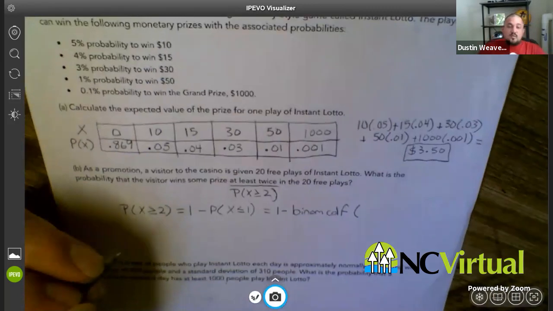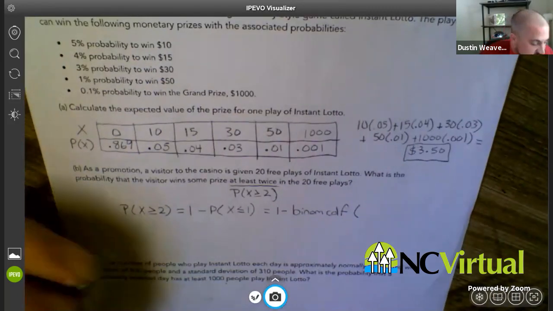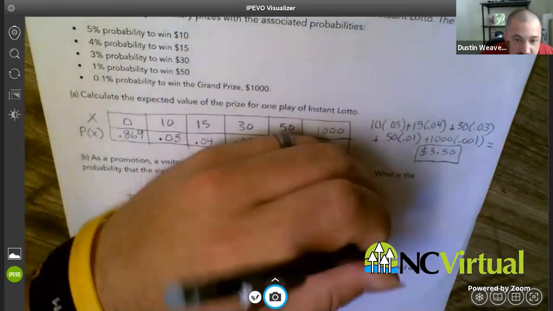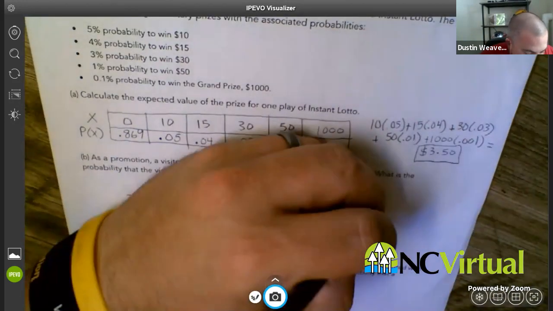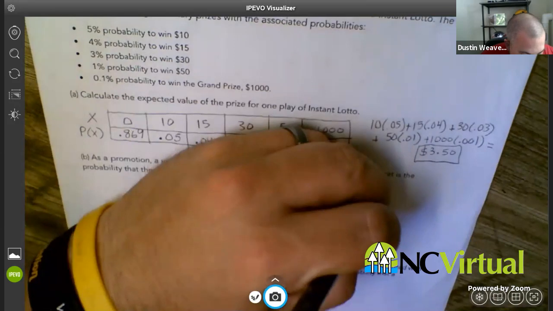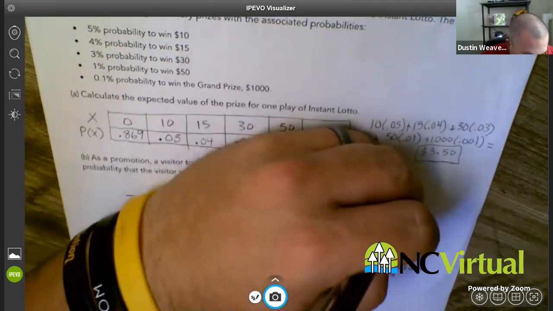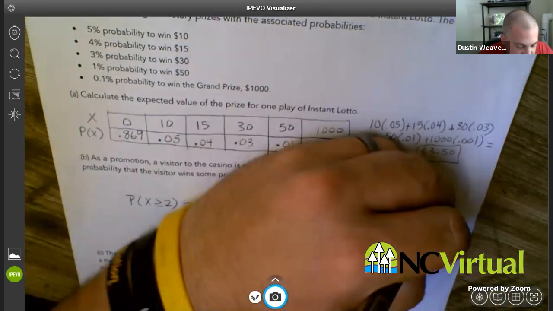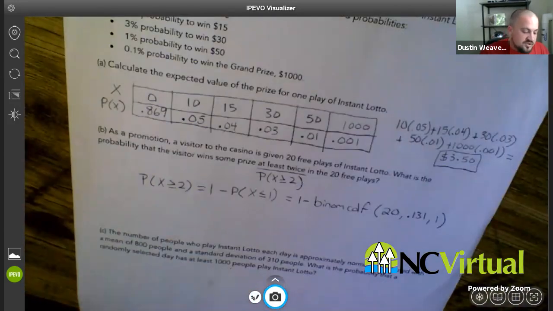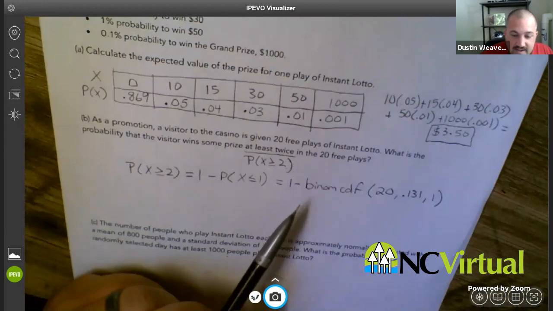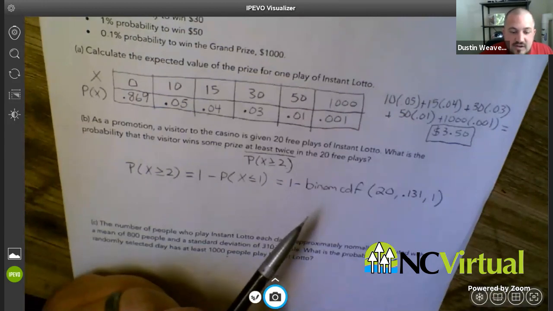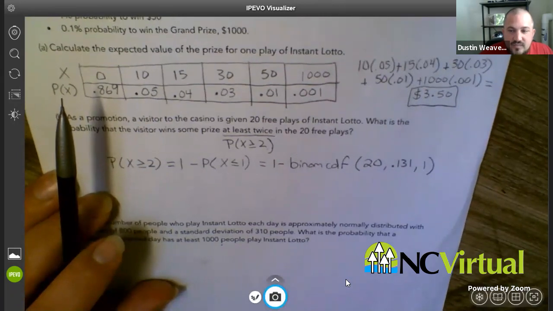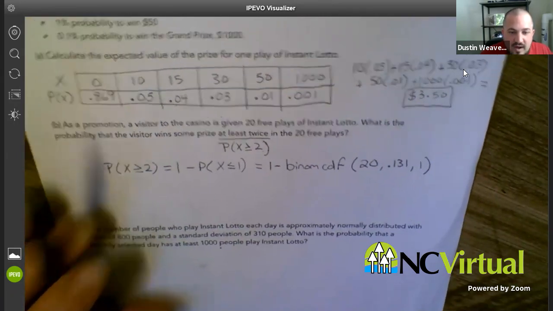You add up all these chances, and you get 0.131. So there are 20 free plays, and we have a 0.131 chance of winning, and what you're doing here is taking away the chance of them winning up to one prize.